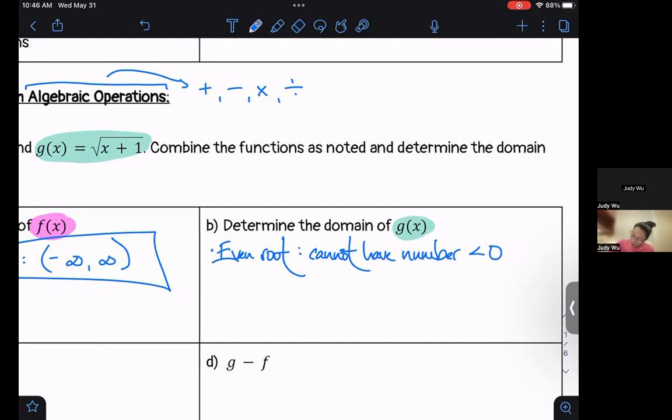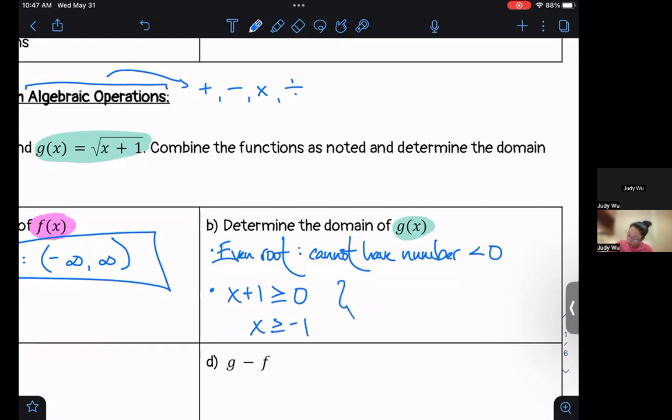Algebraically, that means that this x plus 1, which is the thing inside the square root, can be greater than 0 or it can equal 0. That's how we write x plus 1 is greater than or equal to 0. And if we subtract 1 from both sides, we get x is greater than or equal to -1.